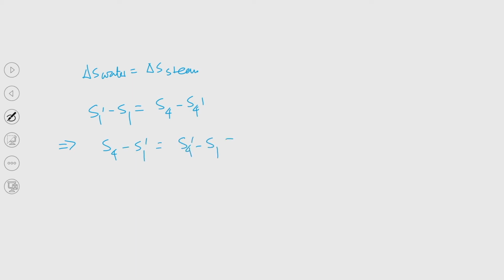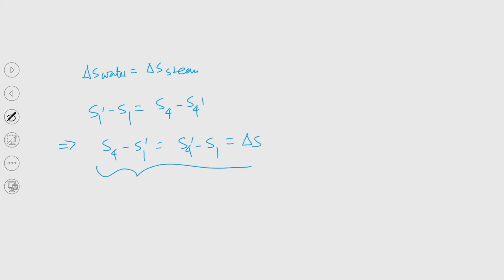So, delta S water equal to delta S steam. So, this is S1 prime minus S1 equal to S4 minus S4 prime. So, from there we can write S4 minus S1 prime equal to S4 prime minus S1, right, equal to delta S.